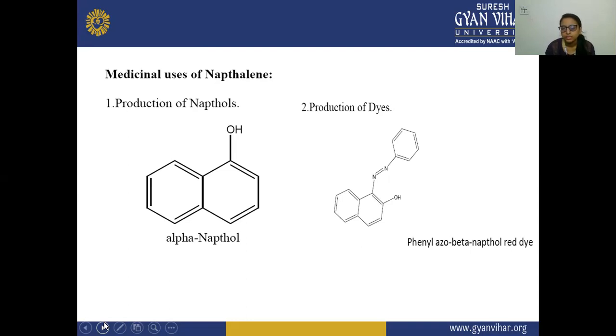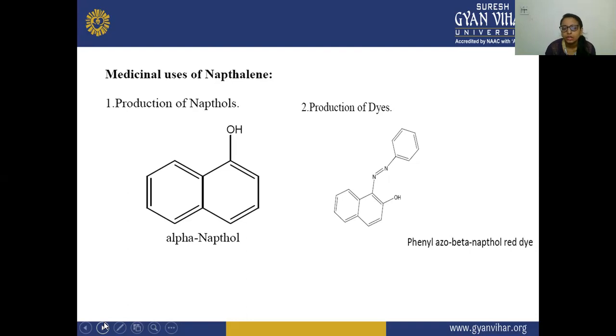Here you can see that on one side a phenyl ring is attached to one nitrogen, and on the other nitrogen the naphthalene ring is present, and this is the naphthol. The N double bond N is the azo group. That is why its name is phenyl azo beta naphthol red dye.